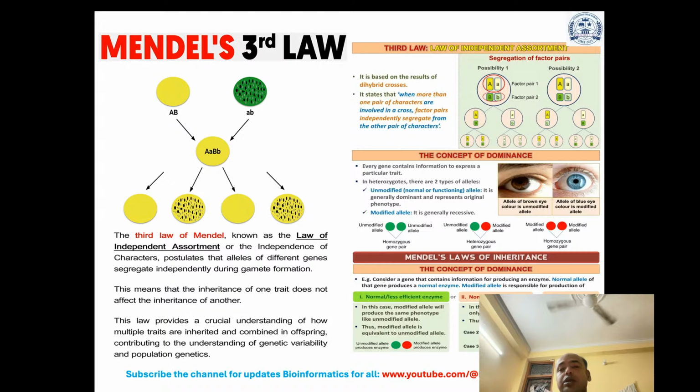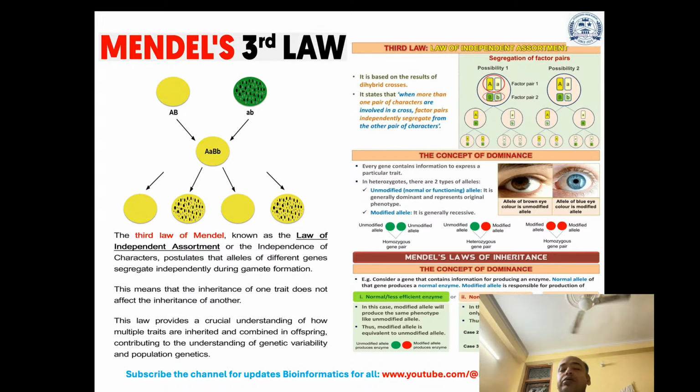If you want to understand the law of independent assortment, it is based on the results of dihybrid crosses. Here it states that when more than one pair of characters are involved in a cross, factor pairs segregate independently from the other pair of characters. Now, the concept of dominance: every gene contains the information to express a particular trait.